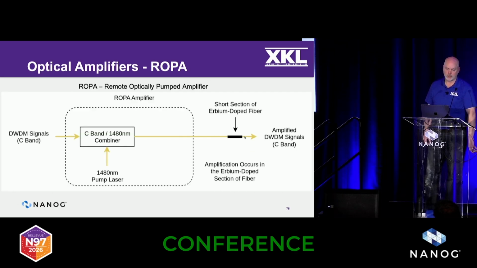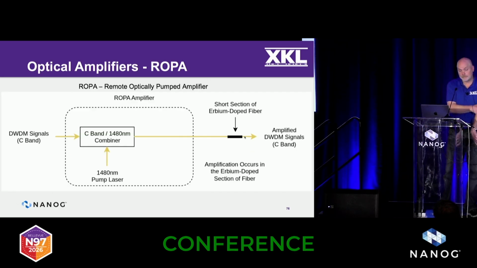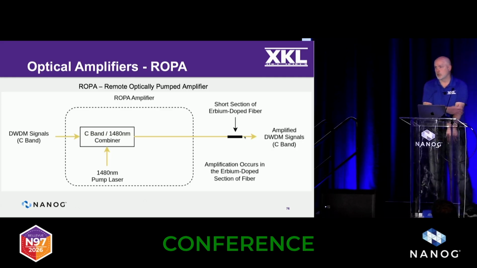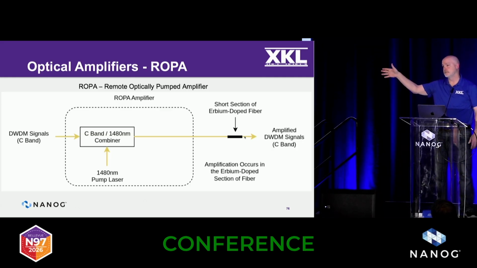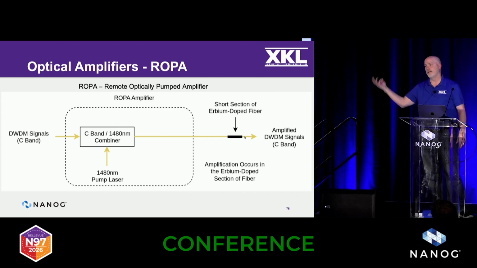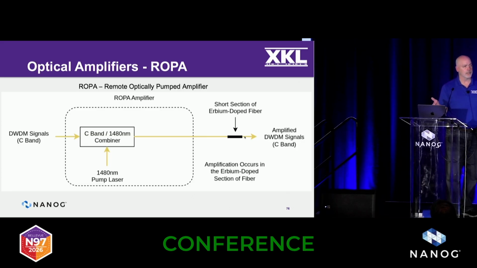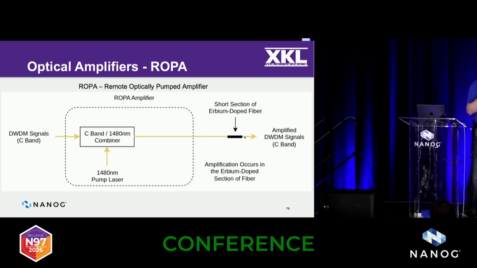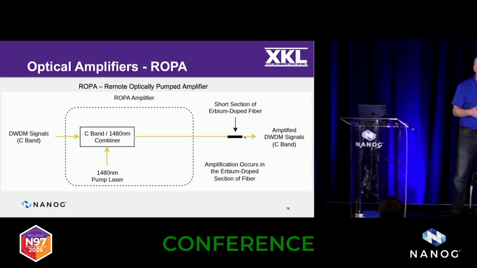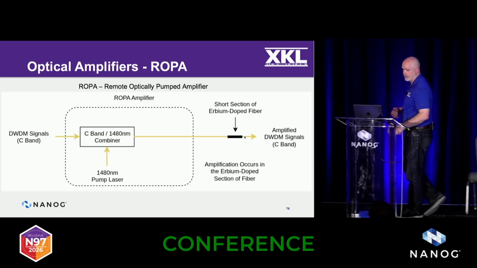And then the ROPA, similar to an EDFA, you've got some doped fiber, but it's in the outside plant. So if you happen to have, I don't know, 120, 150 kilometers of glass under a body of water, and you don't want to put a subsea amplifier in, you can do something like this. Again, it's very exotic, not very common. And so I'm not going to spend a lot of time talking about it.